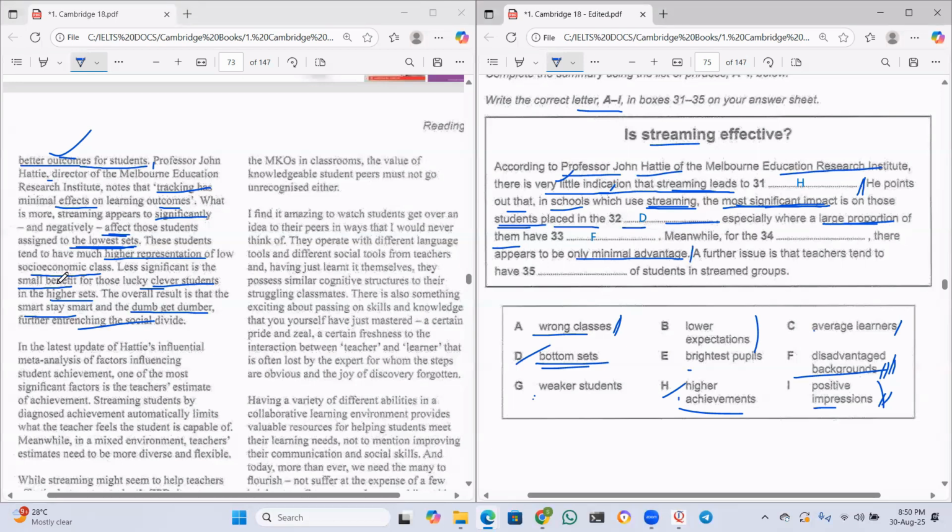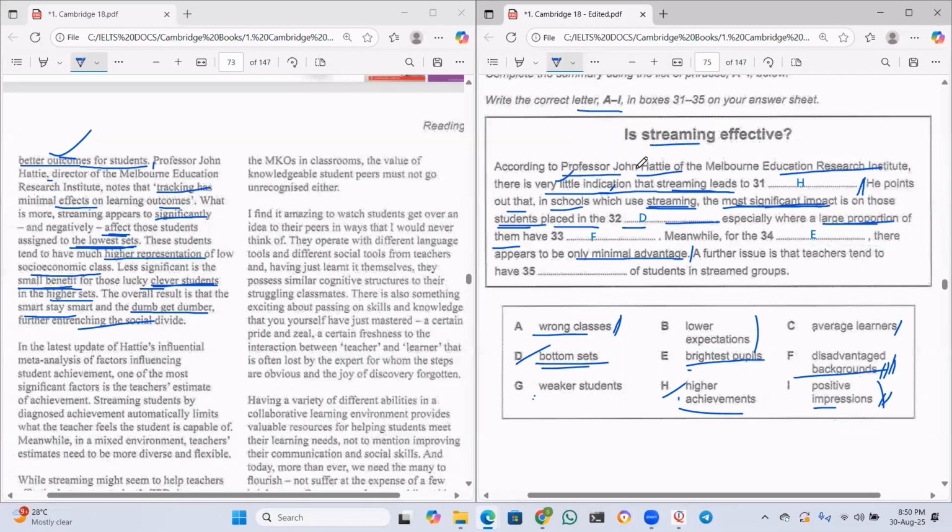This one, less significant is the small benefit, minimal advantage for those lucky clever students in the higher states. So clever students should be our answer. So which one is matching with clever students? Yeah. Brightest people, clever students. Is it matching or no? Yes, right? So directly. This one was very easy, right? So E should be my answer.